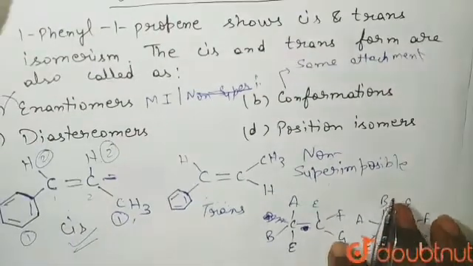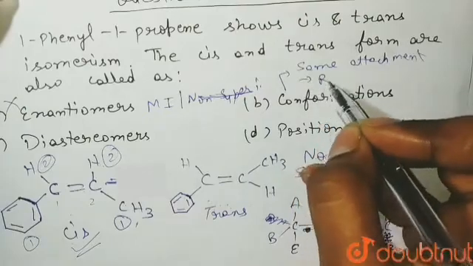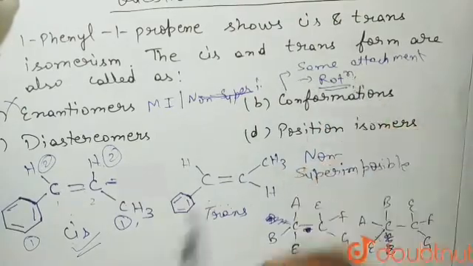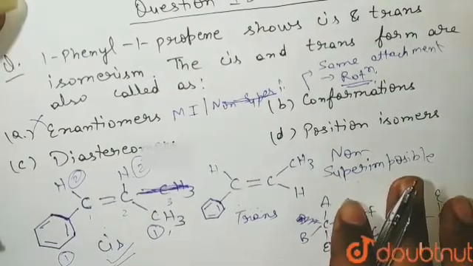That means conformations are nothing but the isomers, the compounds, which can give the same attachment on rotation. The compound on rotation will give you the same attachment.